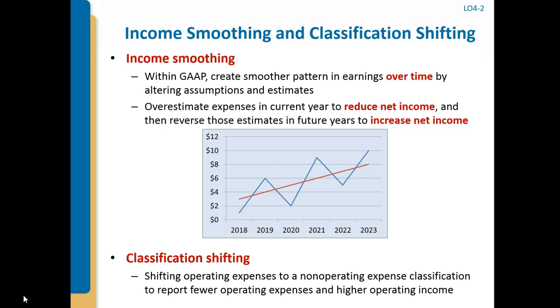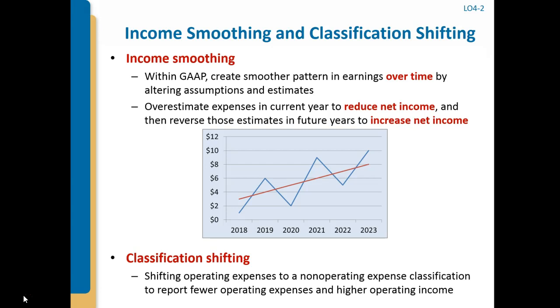While some believe a smoother income pattern helps investors and creditors predict future performance, others think that managers are doing this to really hide the true risk of operations. By hiding this underlying volatility, by what they call manipulating the income pattern, managers could be fooling investors and creditors into thinking that the company's operations are lower risk than they really are.